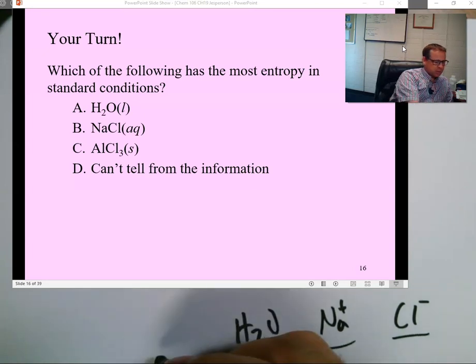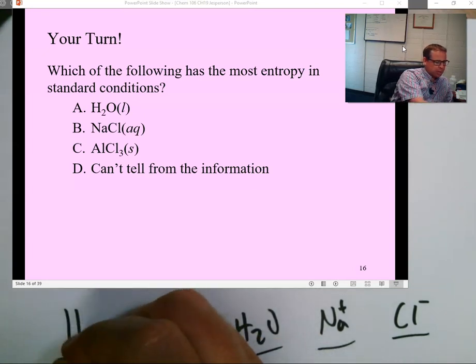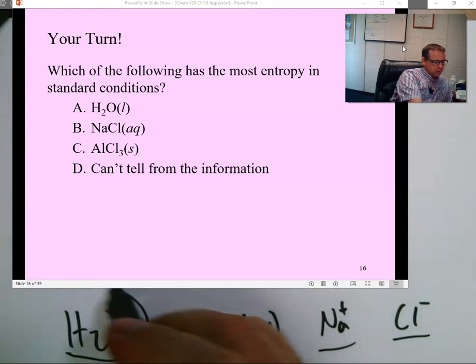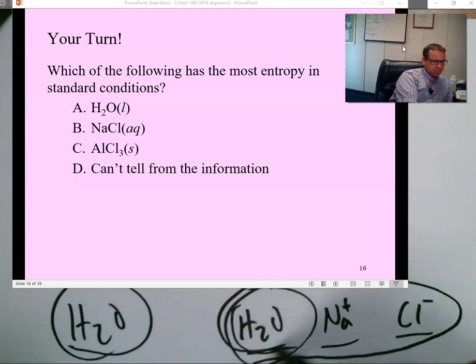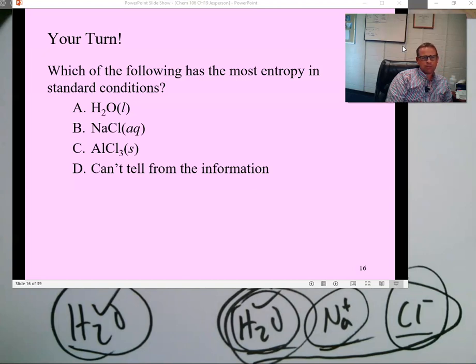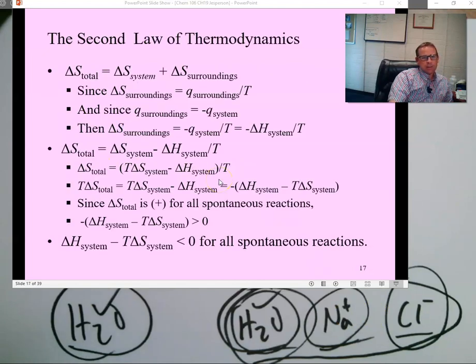If we compare that to just water by itself, this mixture has the ability to do whatever the water is going to do, but it also has the sodium and the chloride. Can you see that, Sarah? Yeah. So our answer here would be C or B, because we have not just the water, but the sodium and the chloride as well. Okay, very good.